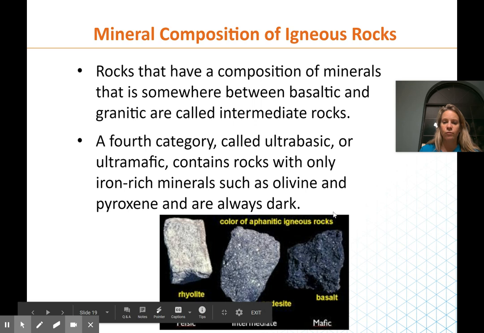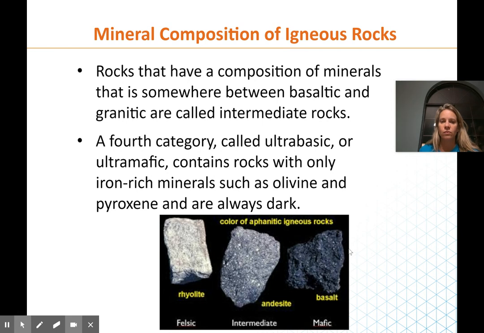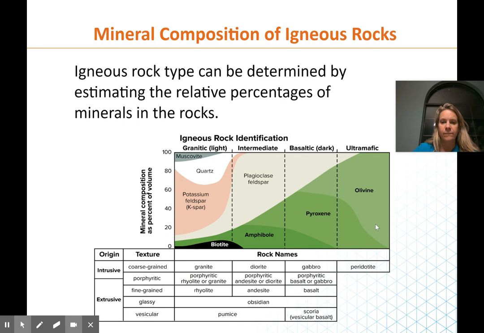Basalt tends to be more runny and not as explosive because it contains less silica. Rocks in the middle, andesite for example, are called intermediate, and we have a lot of andesite around here. The majority of rocks around the volcanoes tend to be andesite.